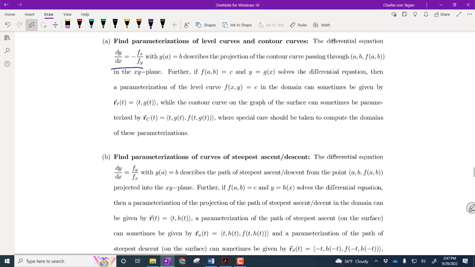If I give you just this, it's the level curve. And if I give you all 3 dimensions, this is the contour curve. So this is the path in the xy domain space that I should take in order to stay at a level on a contour line on my function.